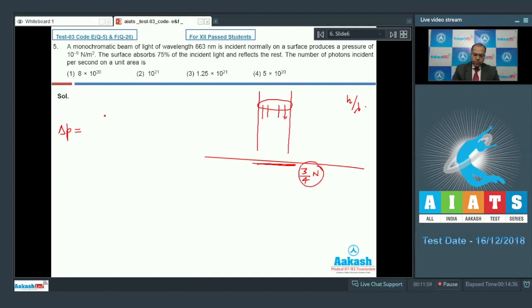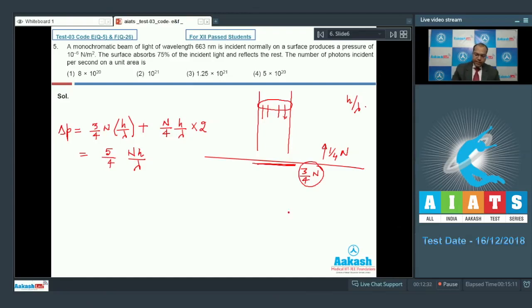So the momentum imparted can be written as 3 by 4 of n into h by lambda plus 1 by 4 of n photons gets reflected from the surface, so n by 4 into h by lambda into 2. If I solve this, it comes out to be 5 by 4 n h by lambda. So this is the momentum imparted to the surface.